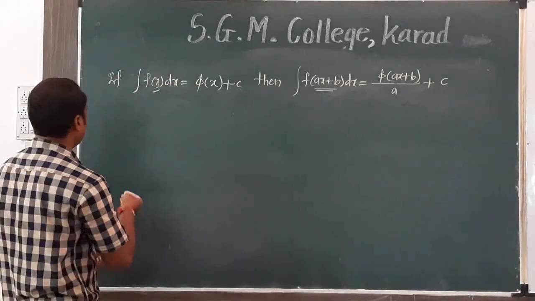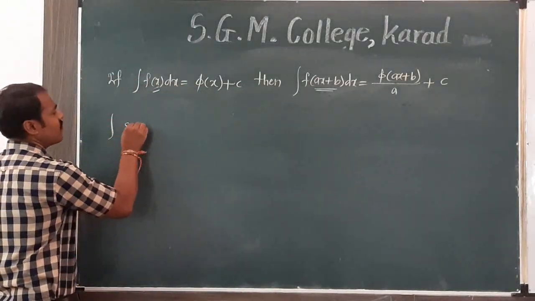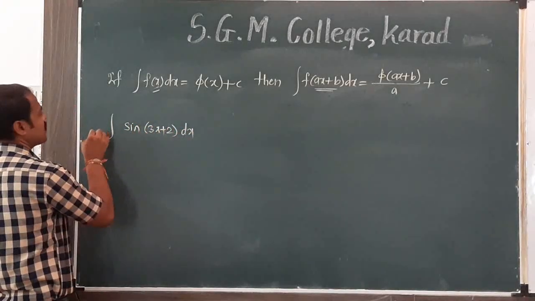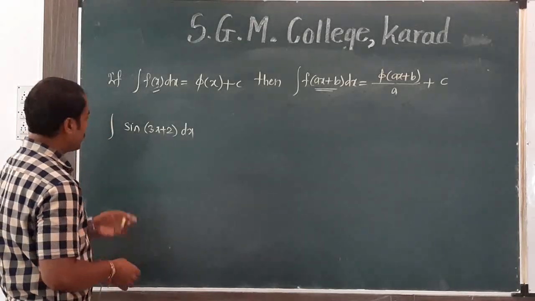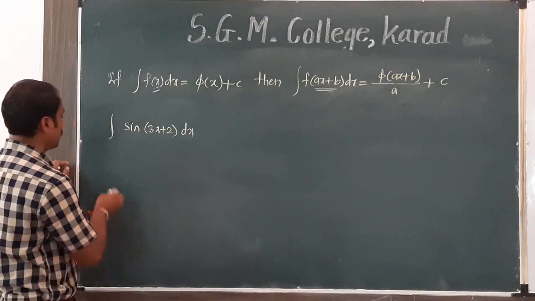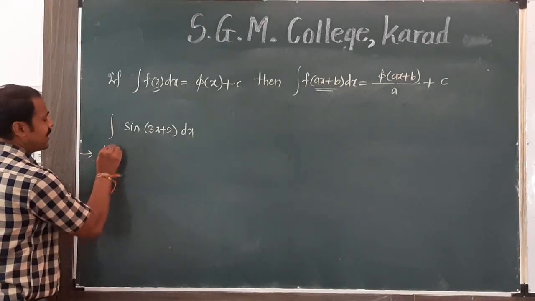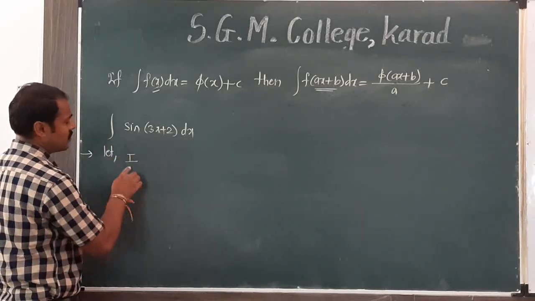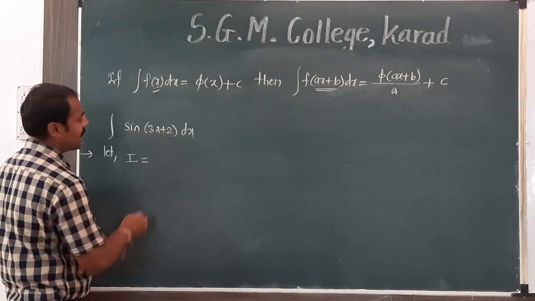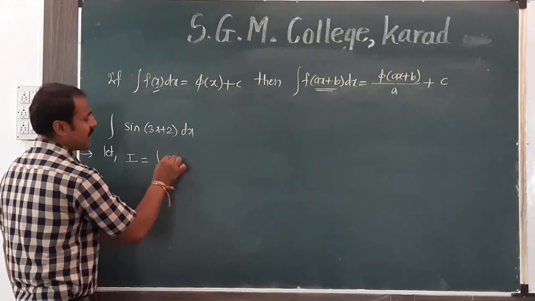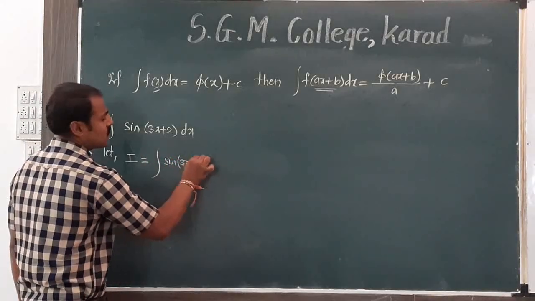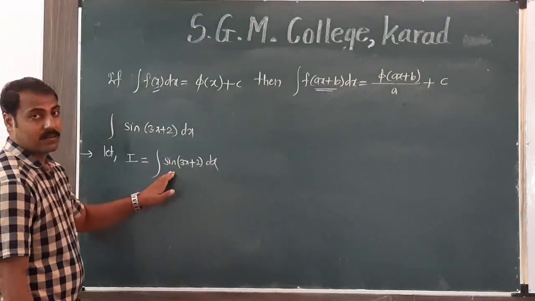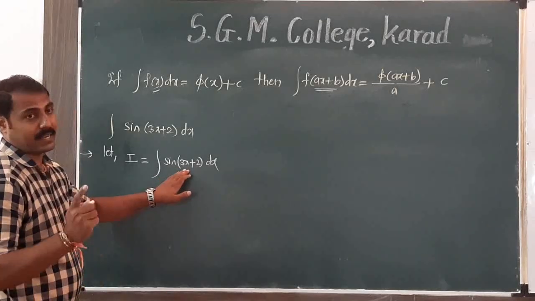First, evaluate integration of sin of 3x plus 2 dx. First, it is an example on integration. So the solution is, let I be the integration of sin of 3x plus 2 dx. Since it is an example of integration, we denote it by I. Now here 3x plus 2 is a linear equation.